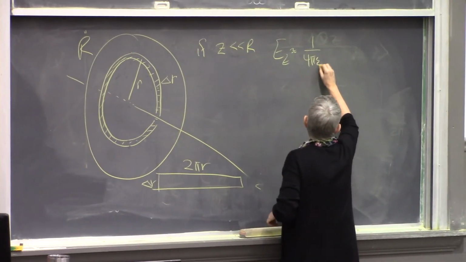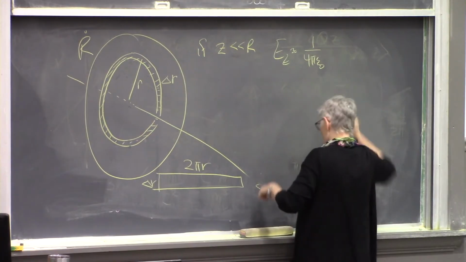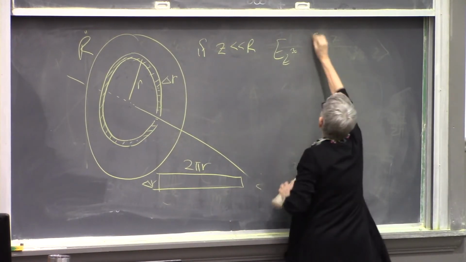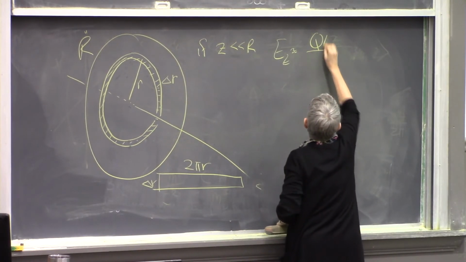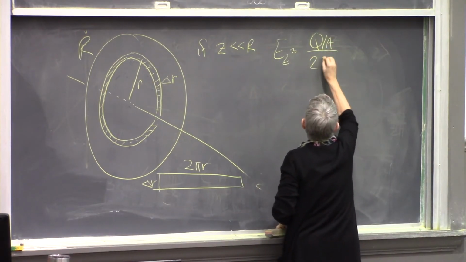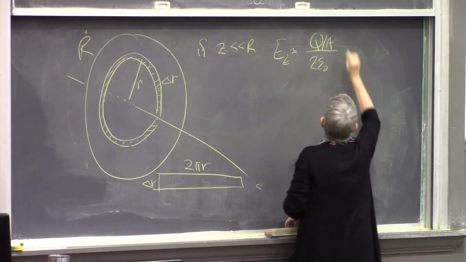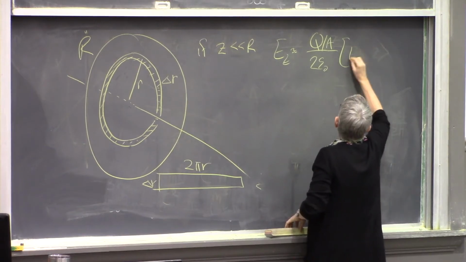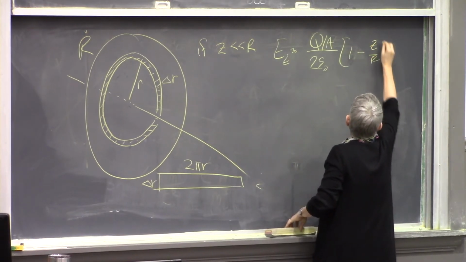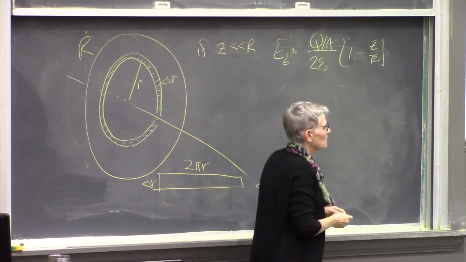So it's going to be q over A, we often write it like this, over 2 epsilon 0 times 1 minus z over R.